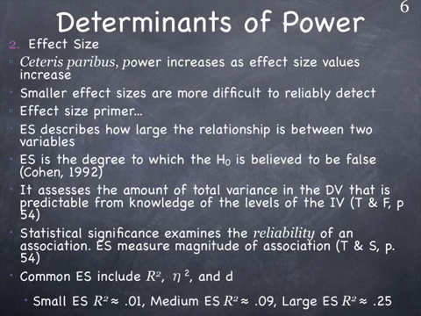Effect size is a measure of the magnitude of said association, okay? So the significance test is how reliably, out of 100 times or 1,000 times, how often we are likely to get these or similar results. That's what the statistical test of significance tells us. Effect size is a measure of the magnitude of the association. Which one of those two seems more important?